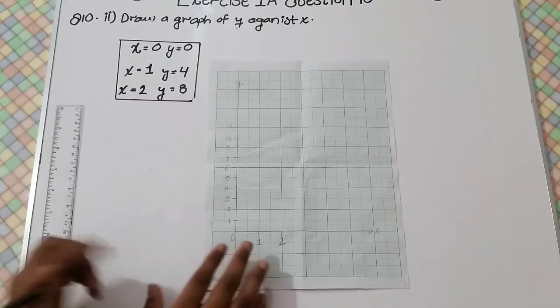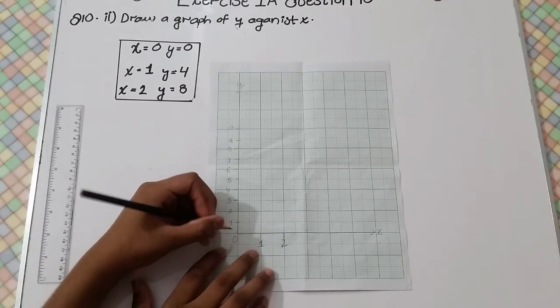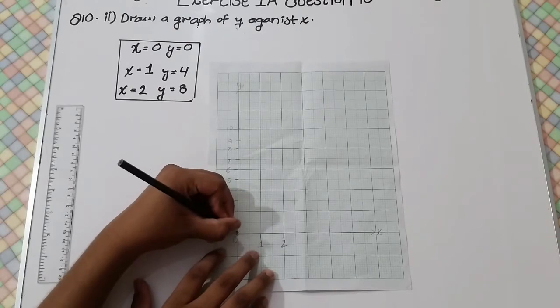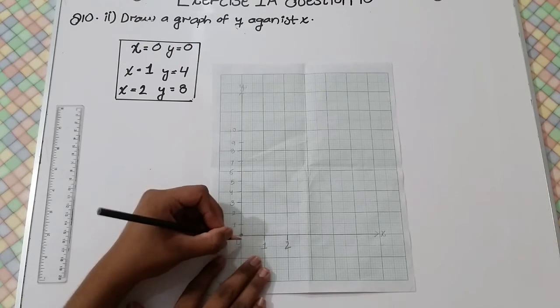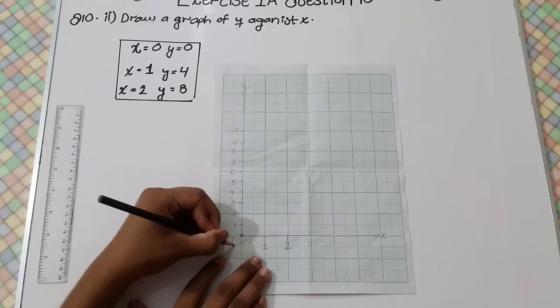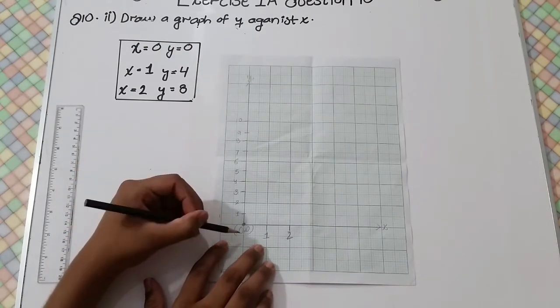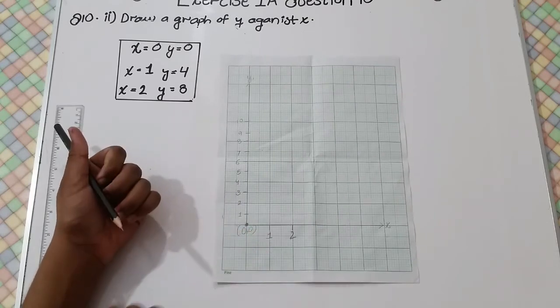Now we are going to plot the values. The first value was 0, so the first dot will come over here, that is 0, 0. X is 0 and y is also 0.